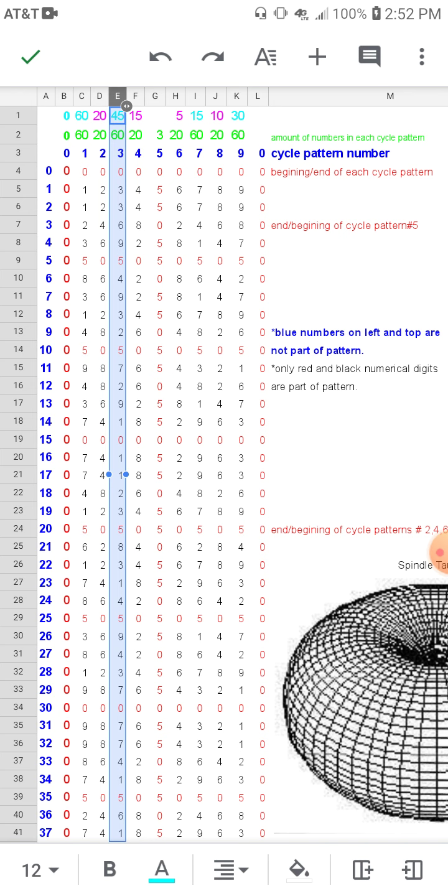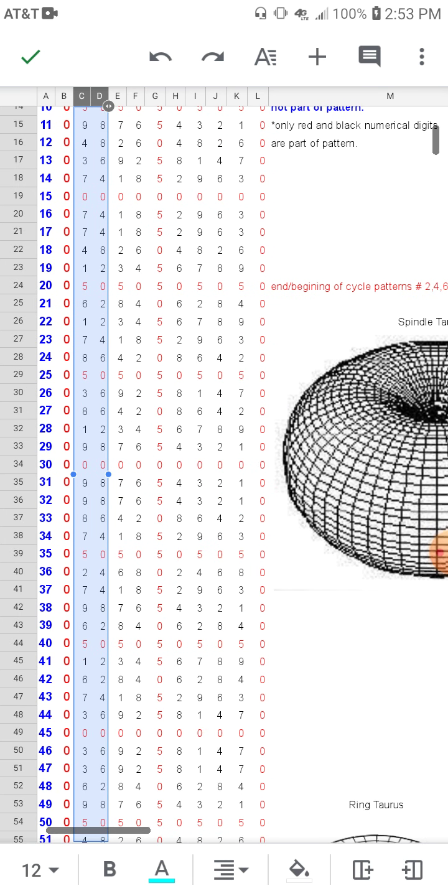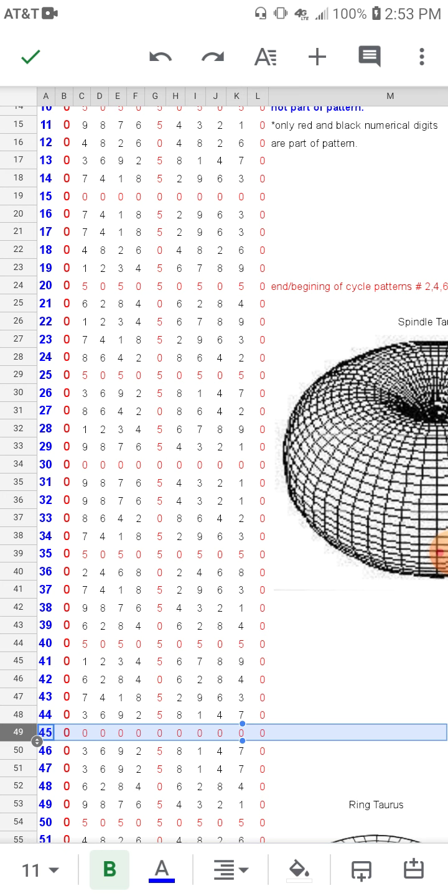Well, the 45th digit on the number 1 pattern would be 03, because they all start on what's called Fibonacci periods. You have to look that up. So you can go down right here and you'll see the 45th number of the number 1 sequence is 03, or 30, I mean, sorry.